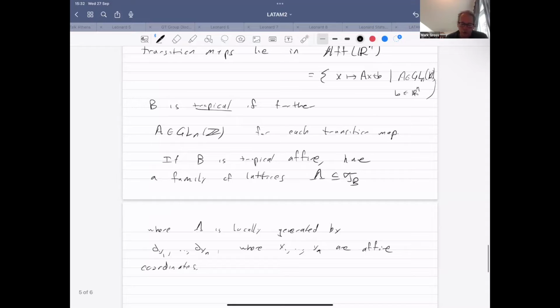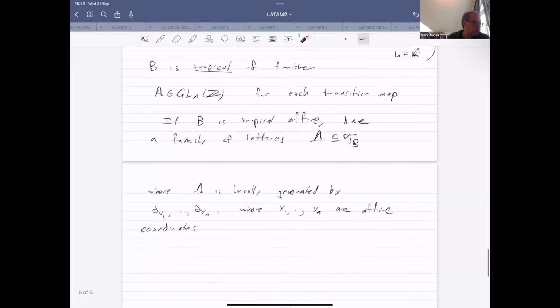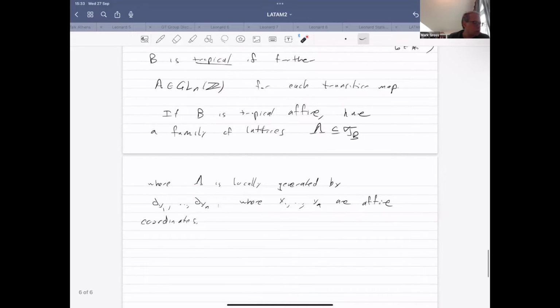And this is where it's crucial that we insist that A lie in GL_n(Z), so that when you change the coordinates y_1 through y_n to a different set of affine coordinates, this will just change to a different basis of the same lattice. So it will change by this matrix A.